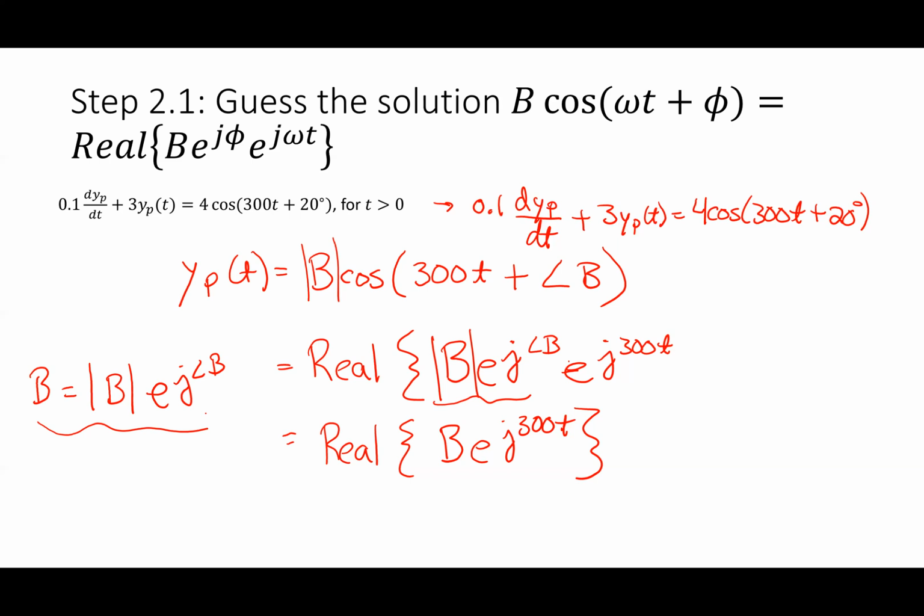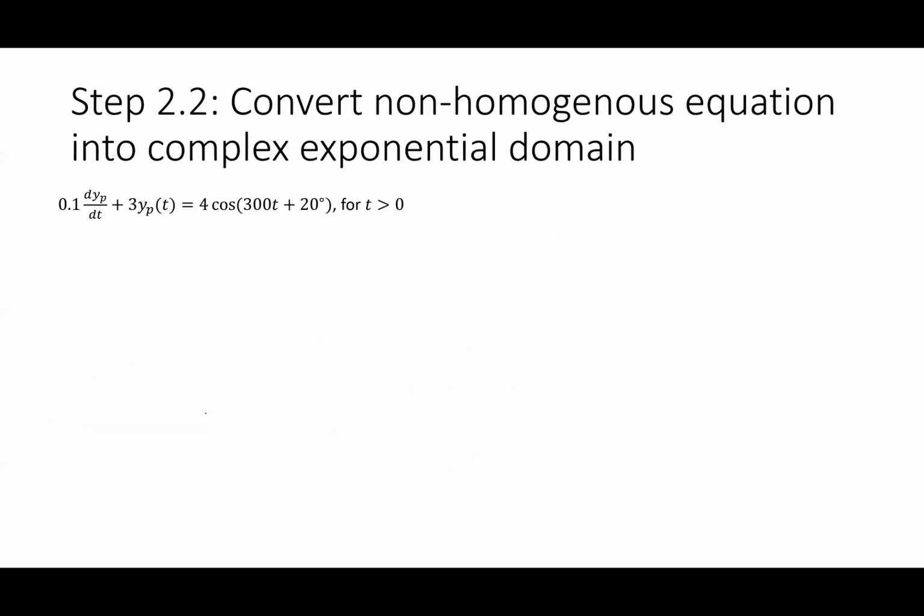Now, that was step 1 of my process. Step 2 was to convert the non-homogeneous equation into a dynamic phasor equation. So 0.1 dyp/dt plus 3 yp of t is equal to, help me convert 4 cosine(300t plus 20 degrees).